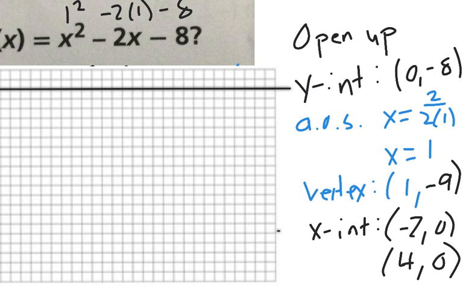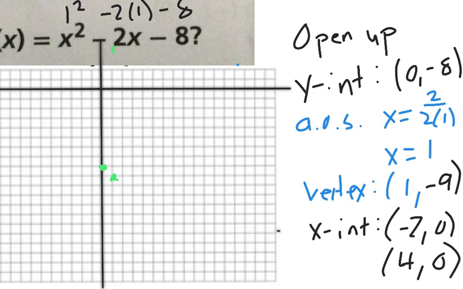Now let me draw my y-axis. Now let's put all this information I know on the graph. I know it crosses the y-axis at negative 8. 1, 2, 3, 4, 5, 6, 7, 8. Means I'm going to be right here. I've got a vertex at 1, negative 9, which would be here.